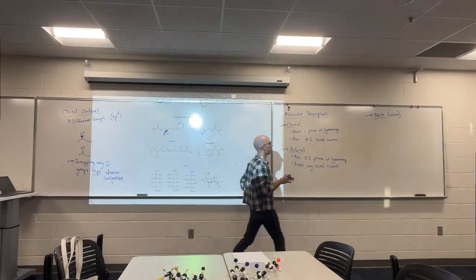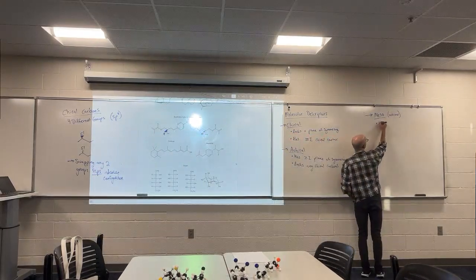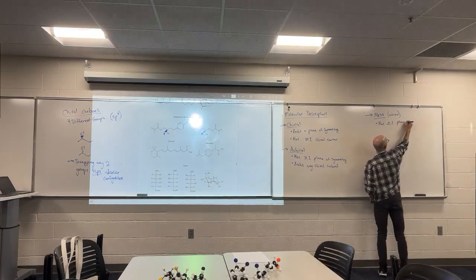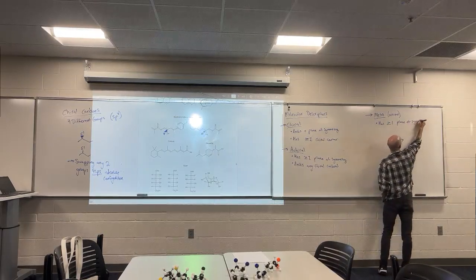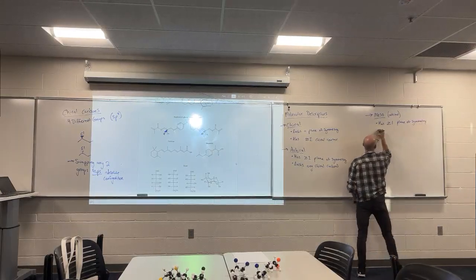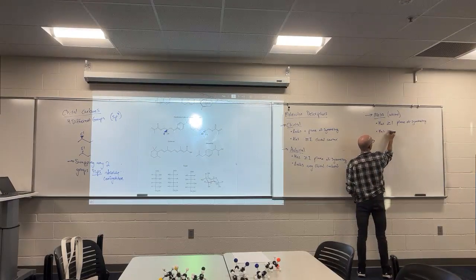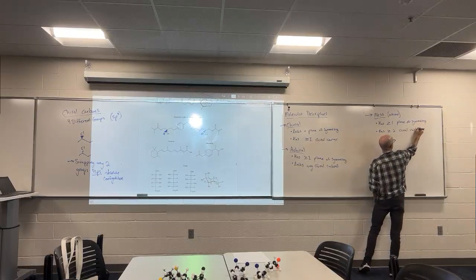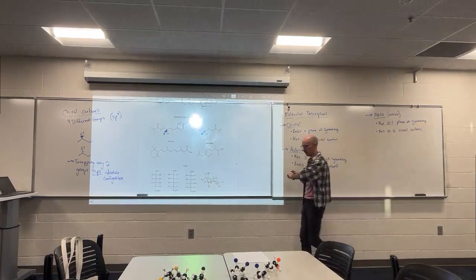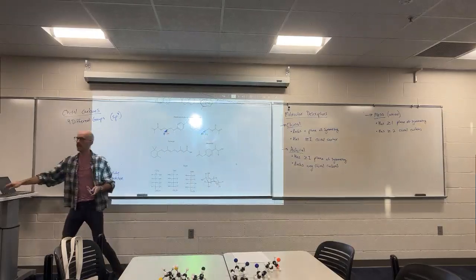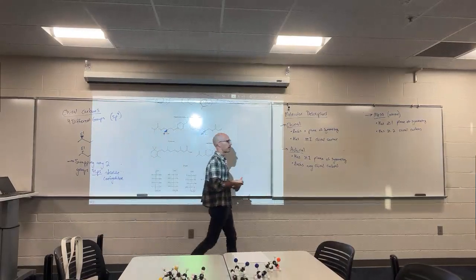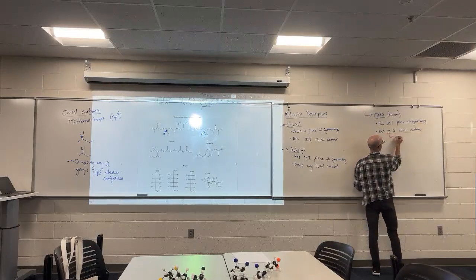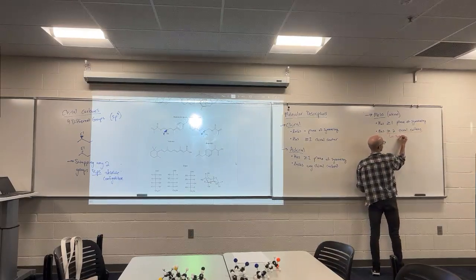A meso compound has at least 1 plane of symmetry and it has at least 2 chiral carbons. A big help here in identifying meso compounds is that those chiral carbons will be symmetric to each other.